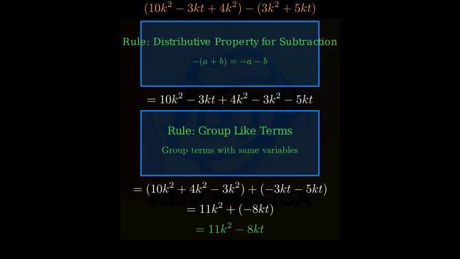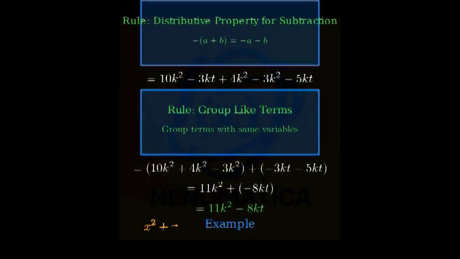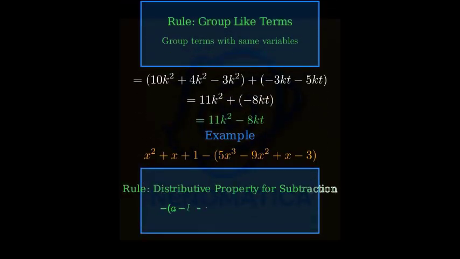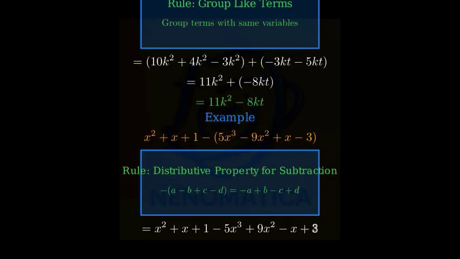Now, for our third example, we have the expression x squared plus x plus 1 minus the expression 5x cubed minus 9x squared plus x minus 3. First, we remove the parentheses by distributing the negative sign to each term in the second expression. So, we have x squared plus x plus 1 minus 5x cubed plus 9x squared minus x plus 3.